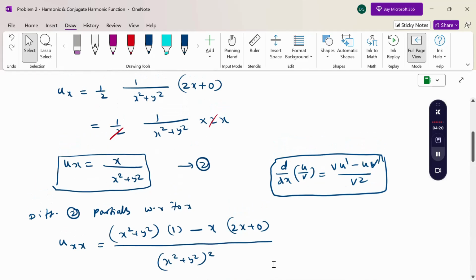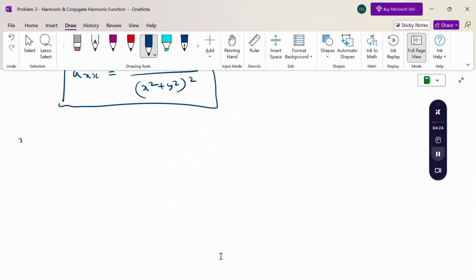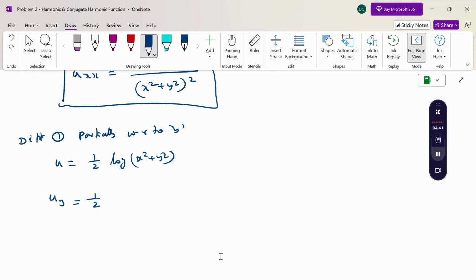And then next equation, differentiate 1 partially with respect to y. So u equal to 1 by 2 log of x square plus y square, differentiate with respect to y, uy equal to 1 by 2 constant, log of x differentiation 1 by x square plus y square, into the variable differentiation 0 plus 2y.